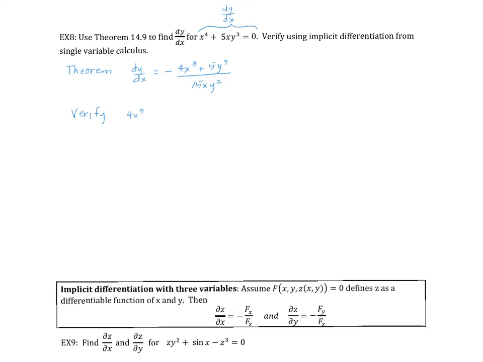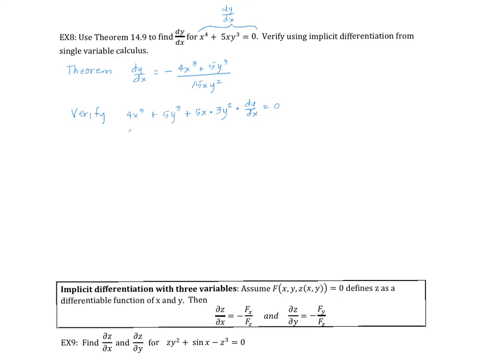So by the product rule, we take the derivative of 5x, which is just 5. The y to the third stays the same. Plus, keep the 5x. The derivative of y to the third is 3y squared, but it's implicit differentiation, and we're treating y as if it were the function. So this would be our dy dx. And then that would be equal to 0.